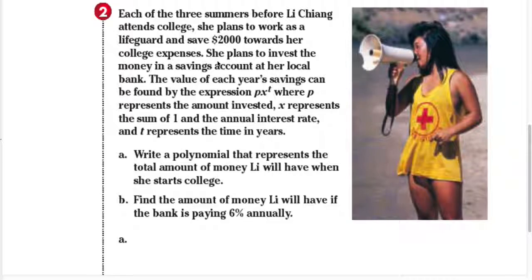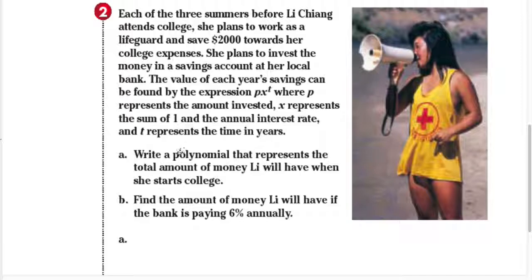She plans to invest the money in a savings account at her local bank. The value of each year's savings can be found by the expression px raised to the t power, where p represents the amount invested, or the principal, x represents the sum of 1 and the annual interest rate, and t represents time in years.